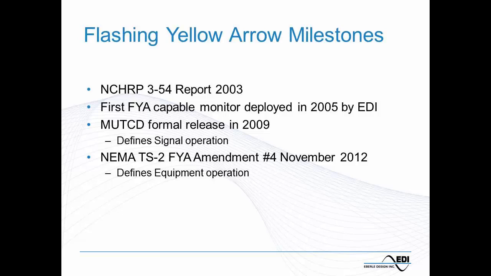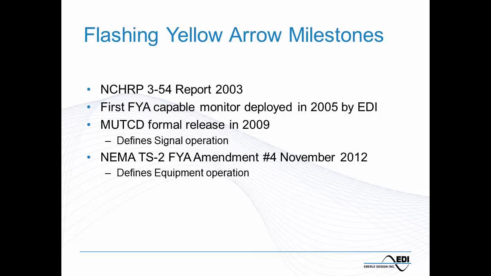Again, it was first published in 2003, and Federal Highway gave certain agencies permission to start testing it. At that point, Eberly Design got involved. If we're going to be testing new signal movements, we should have a conflict monitor that can detect when things go wrong.